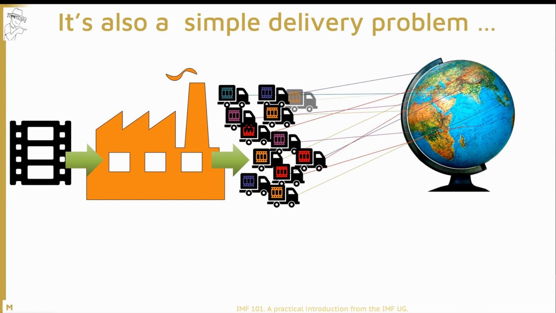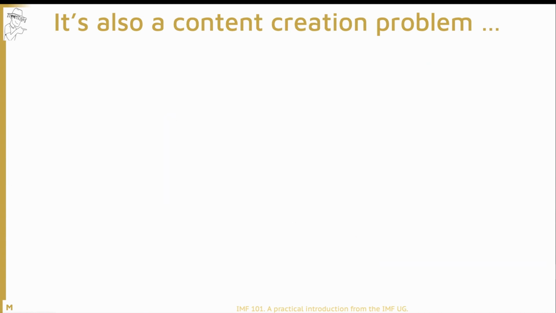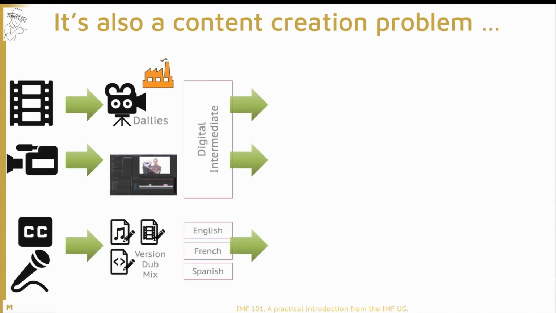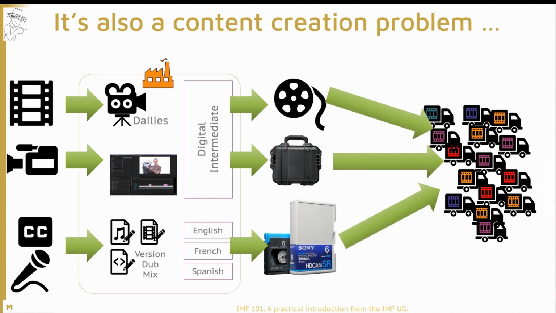But it's also a content creation problem, that if you're actually trying to put all of this stuff together at the last moment and trying to get it to somewhere where it's going to air very quickly, you don't want to have to render a 3 terabyte file right at the last minute. Wouldn't it be nice to just do the last little slug and put it in? So this whole, how do I publish the stuff I've got in an efficient, bandwidth efficient, storage efficient way, that's the problem space that IMF tries to live in.